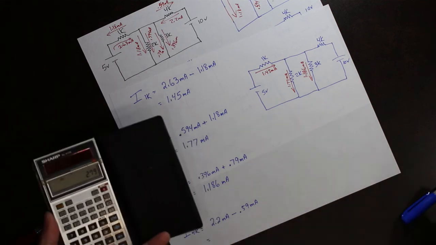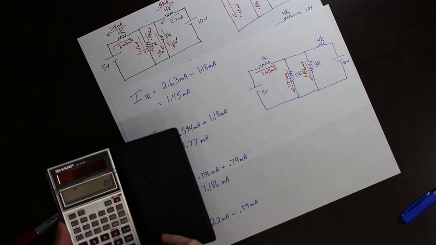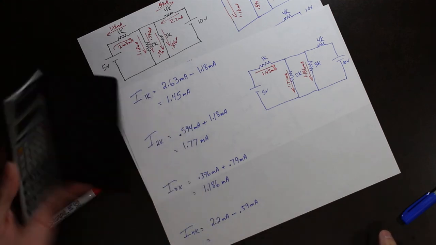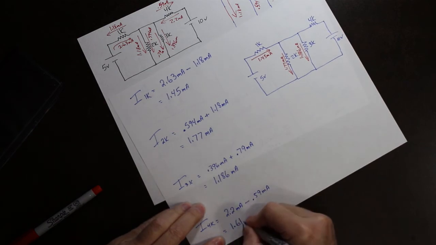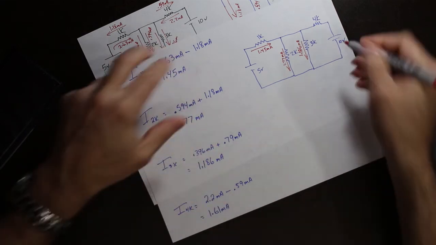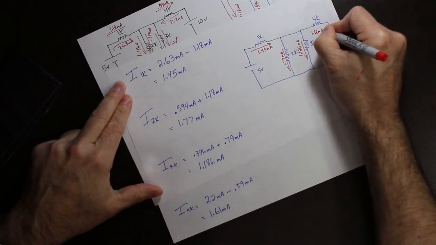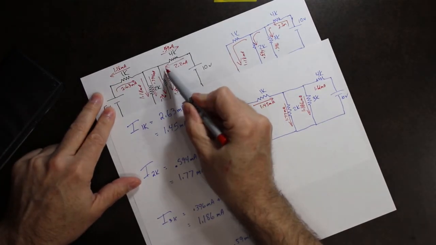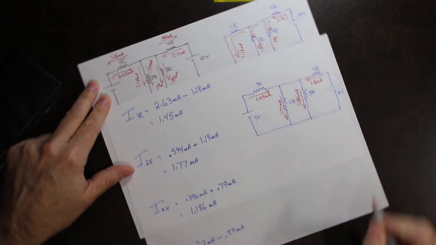Oops. 2.2 minus 0.59. There we go. 1.61 milliamps. So the magnitude here is 1.61 milliamps, and the direction, so we had a larger one going this way, so that means that the direction is here.